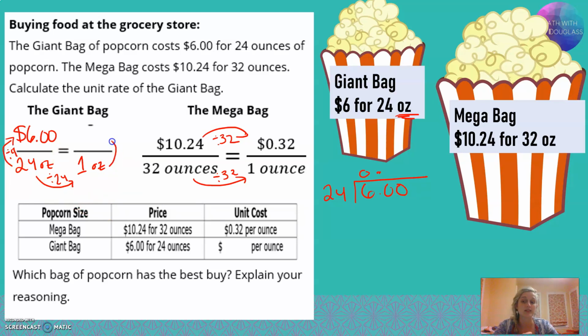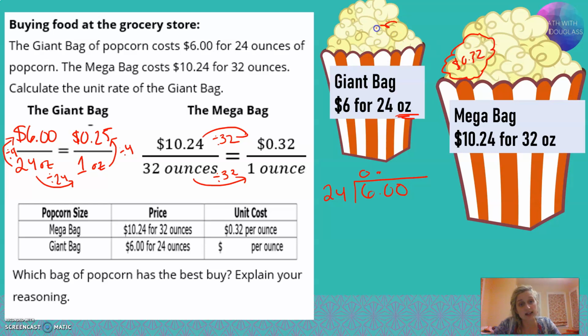So I can go up and say $1 divided by 4. Think about those special coins that are 4 to $1. Ooh, that's 25 cents. I just figured out that in the giant bag, you pay 25 cents for every 1 ounce. So even though the mega bag gets you more popcorn, that 1 ounce of popcorn right there is 32 cents in this bag.